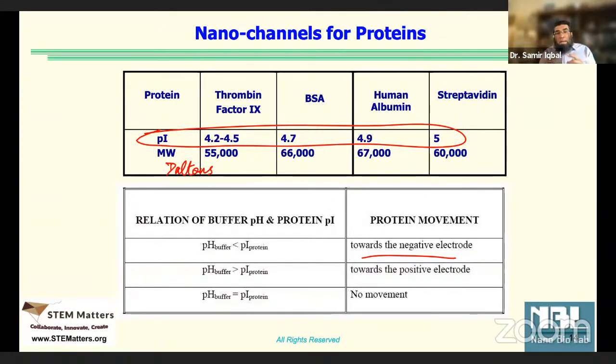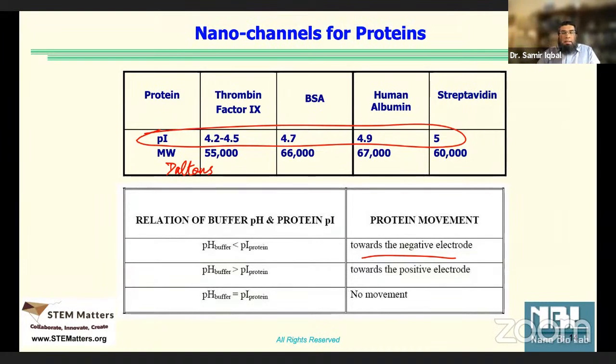Now, the isoelectric point will tell us the movement of the material, so what would be the overall charge on that entity? And if we know the charge, then we can easily find out that if it's positively charged, it is going to travel to a negative electrode. If it's negatively charged, it's going to go to the positive electrode. So buffer, the solution in which an entity is floating, a particle, protein, DNA, even for that matter.